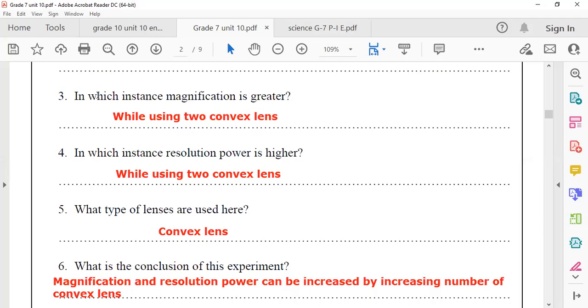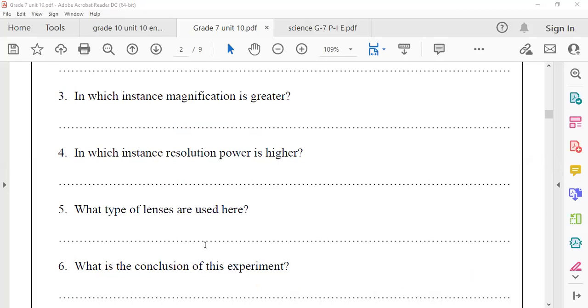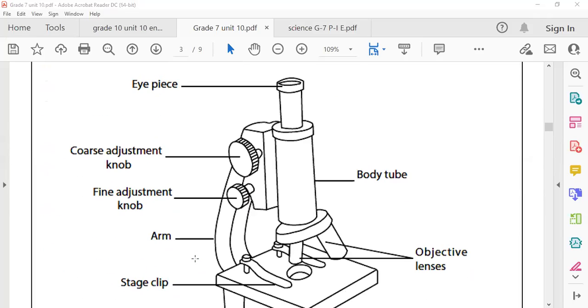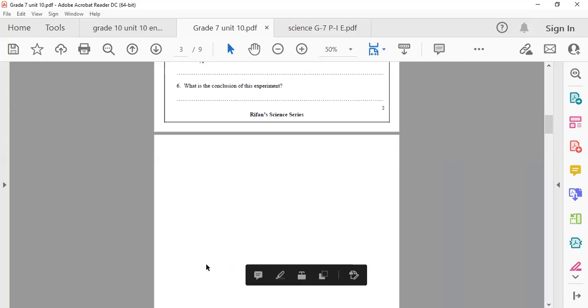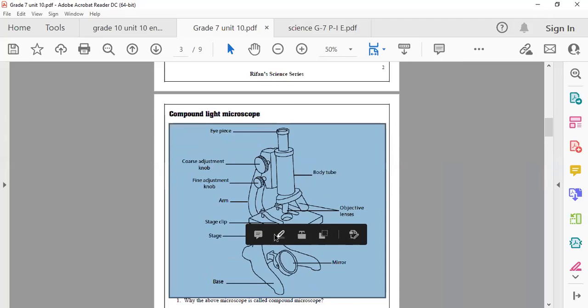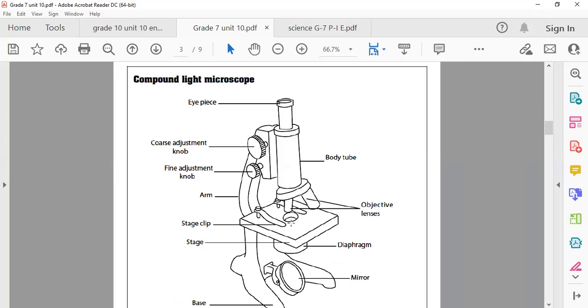The other is over. Okay. Now, coming to this. This is our today's highlight part. This is the diagram of a compound light microscope.